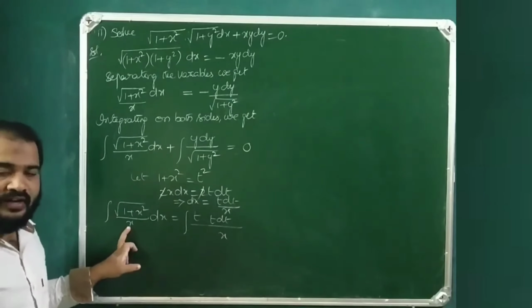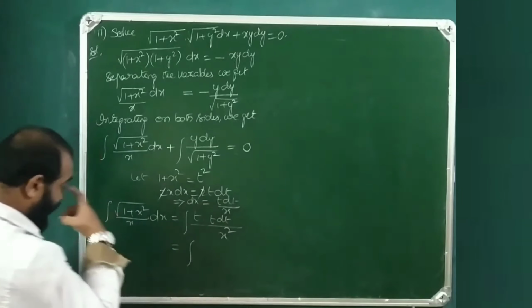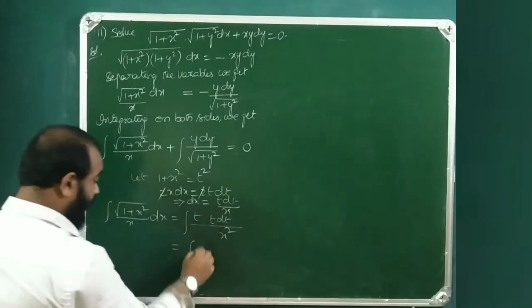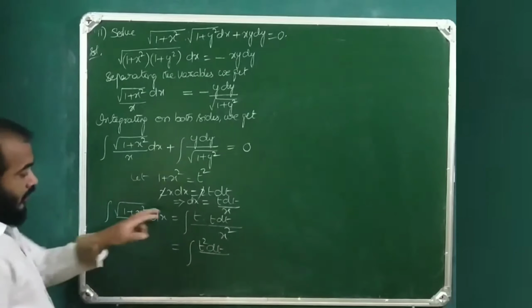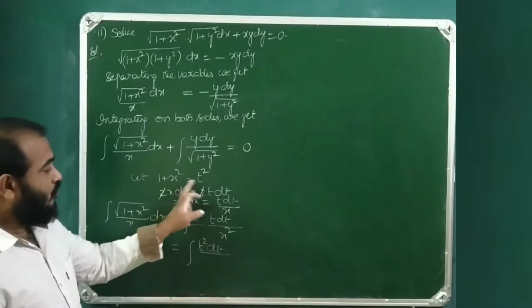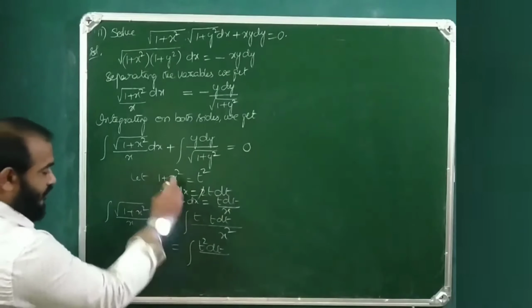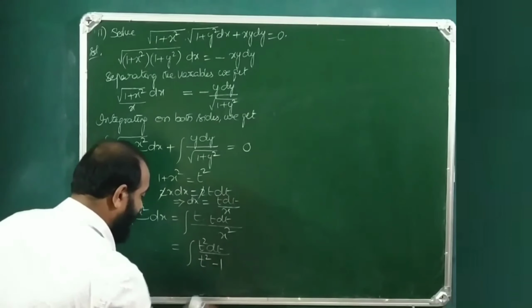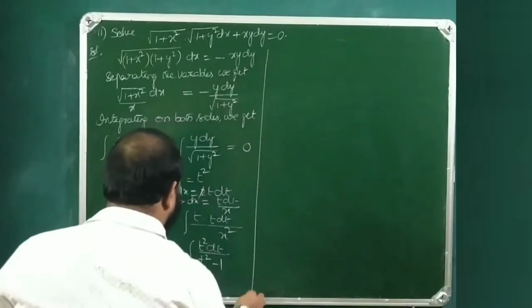So here, already one x is there, x into x, x². So this is equal to t into t² dt by x². Now 1+x² is t², so x² is t²-1. So t²-1.